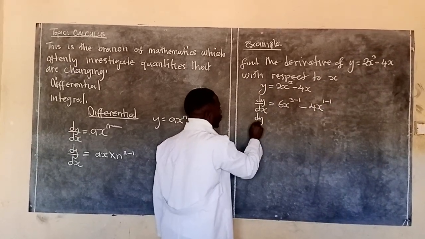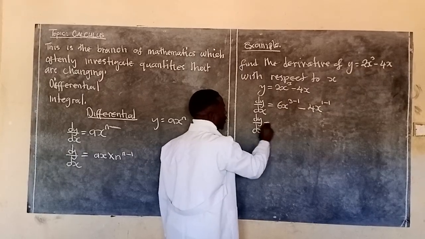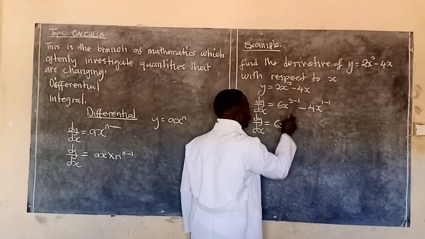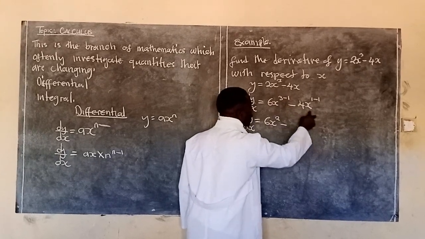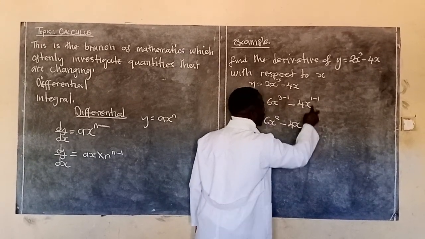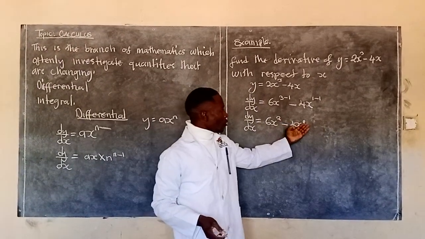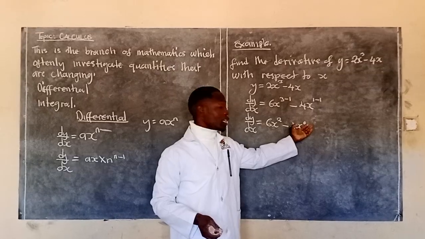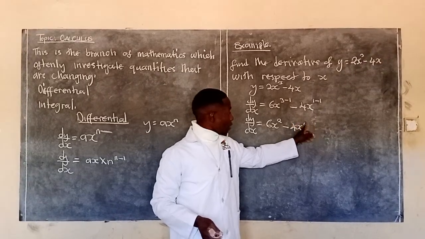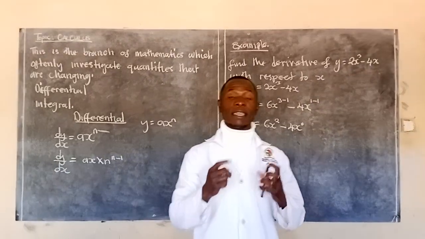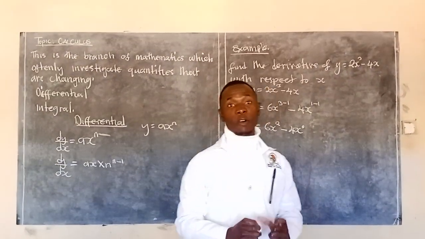So the difference in y over the difference in x will give us 6x. From 3, reduced by 1, we get a 2, minus 4x. 1 minus 1 will get a 0. If this number was greater than 1, we would have concluded. However, this power is 0, and according to the rules of indices, any value raised to the power 0 is 1.